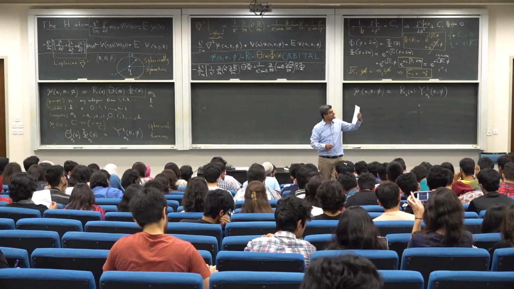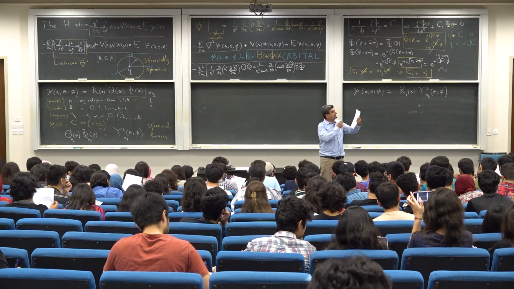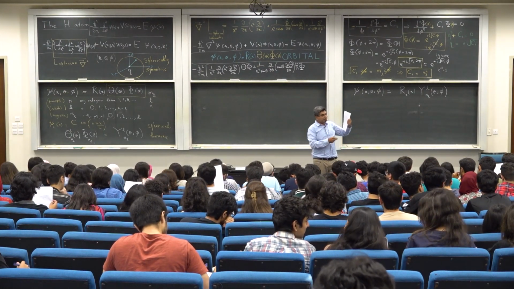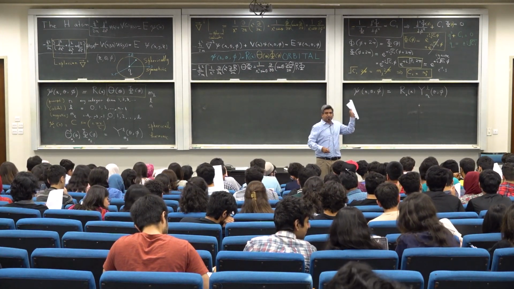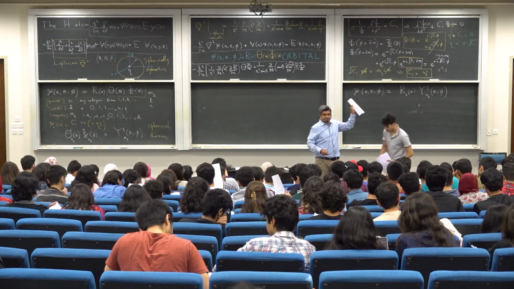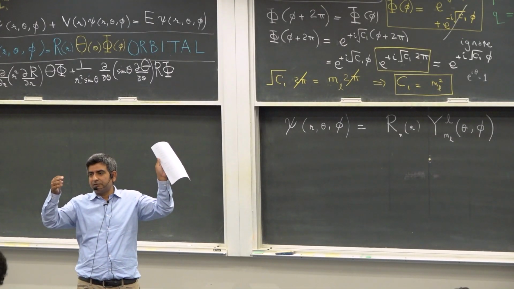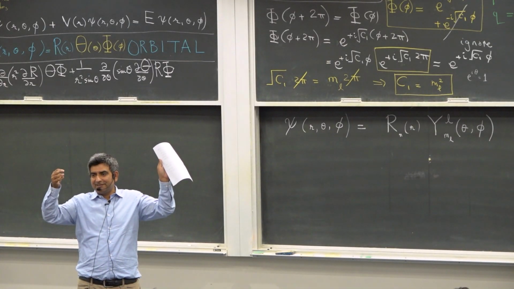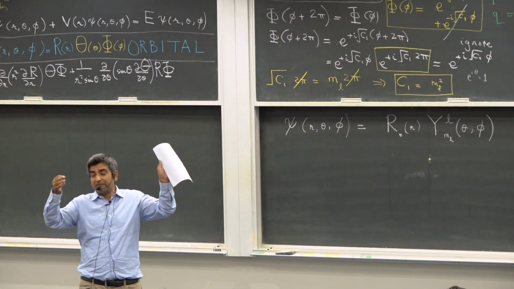Now I've given you a piece of paper, and on this piece of paper there's table 13.1. I have a list of spherical harmonic functions for different values of L and ML.